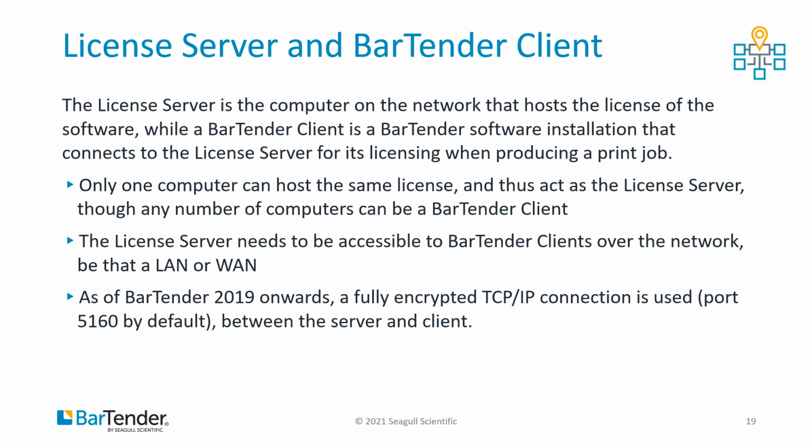Whereas what we call a BarTender client is a BarTender software installation that connects to the license server for its licensing when it wishes to produce a print job. So the license server is hosting the license, whereas the BarTender client is performing print jobs and therefore requires a printer license from the license server.